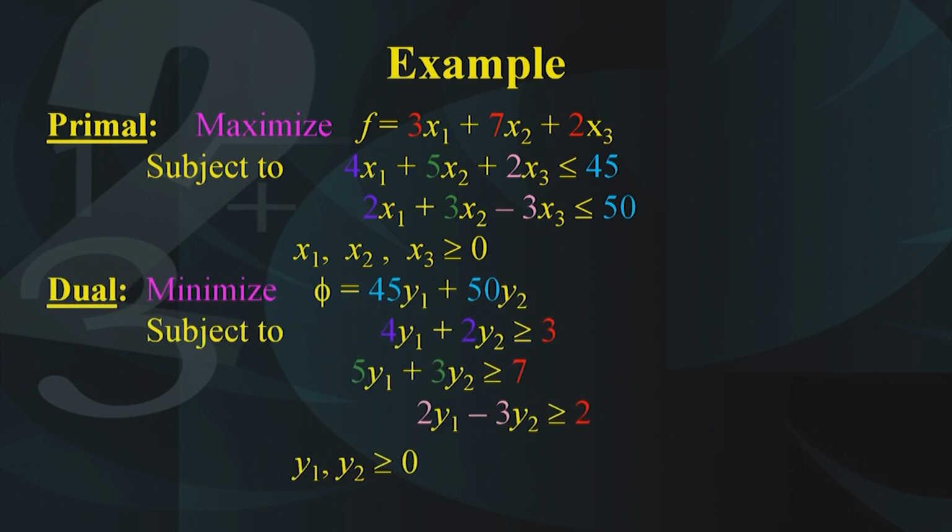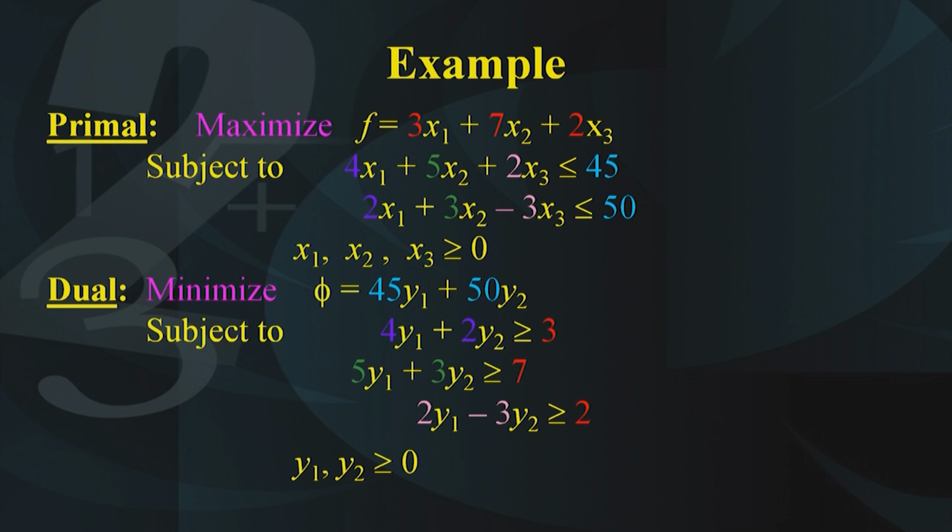Here is the dual. The color coding indicates what the general rules have defined. We find that the primal had a maximization objective, so the dual becomes minimization. Similarly, the cost coefficients of the primal have now become the right hand side of the dual.